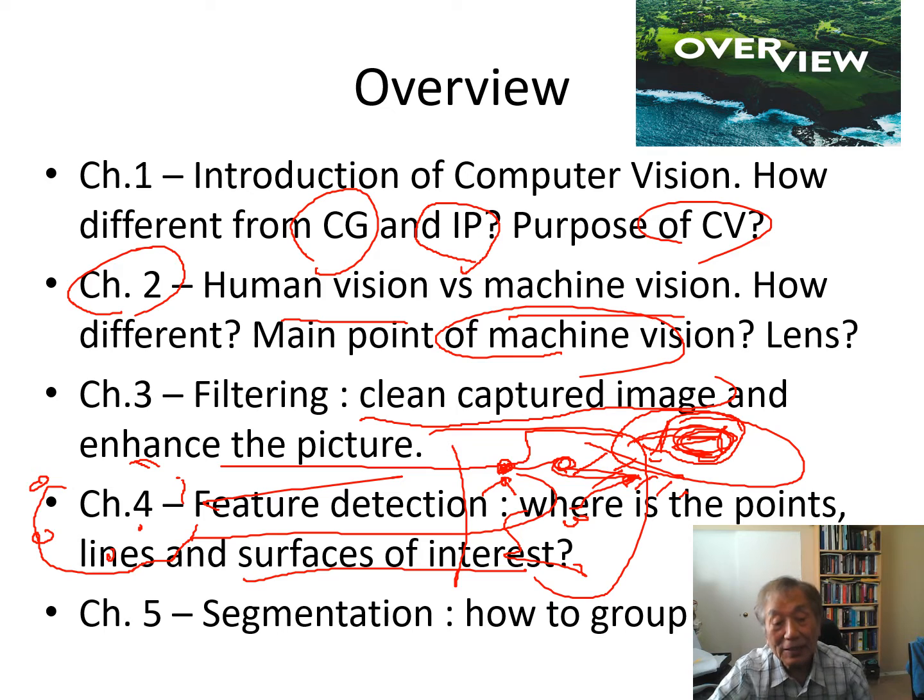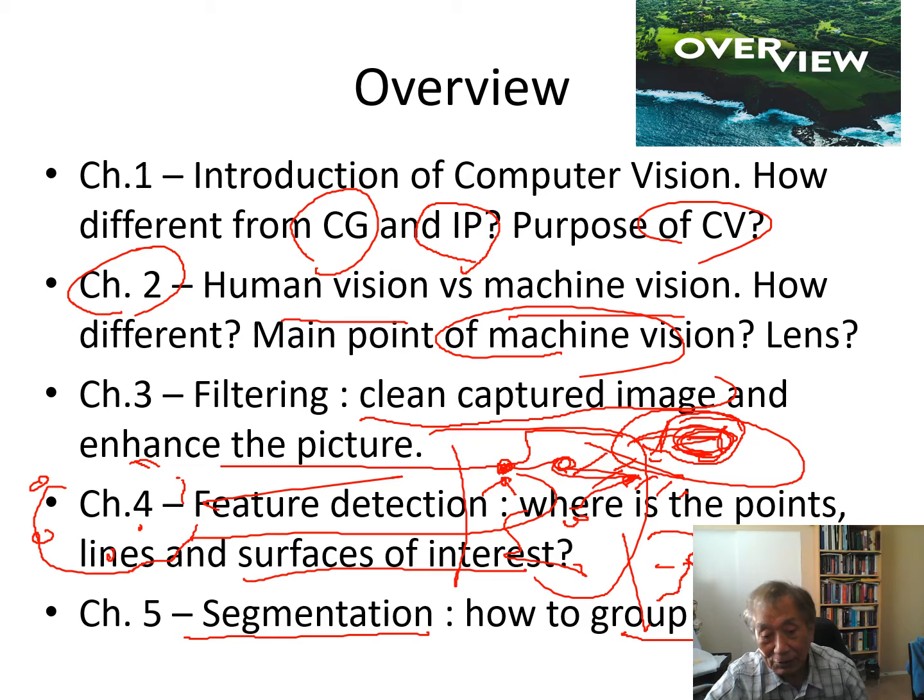That's what it is. Then the previous lecture was about segmentation. Segmentation means that we are grouping a certain area into one group, and another area into another group. So here is one picture with a whole bunch of many things.